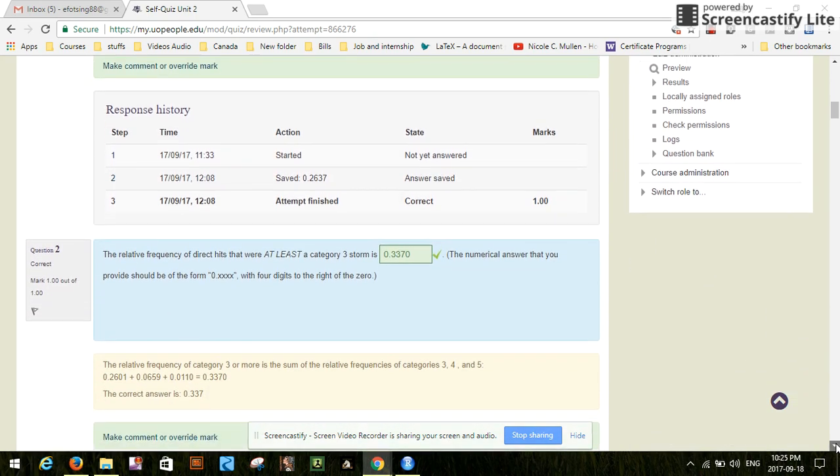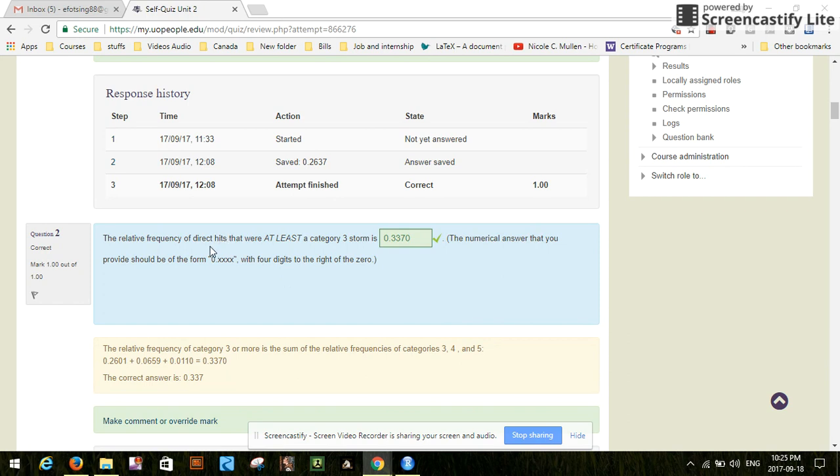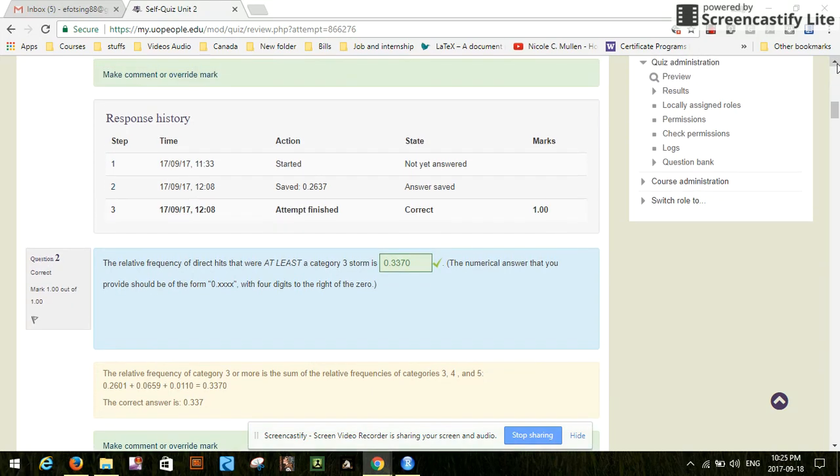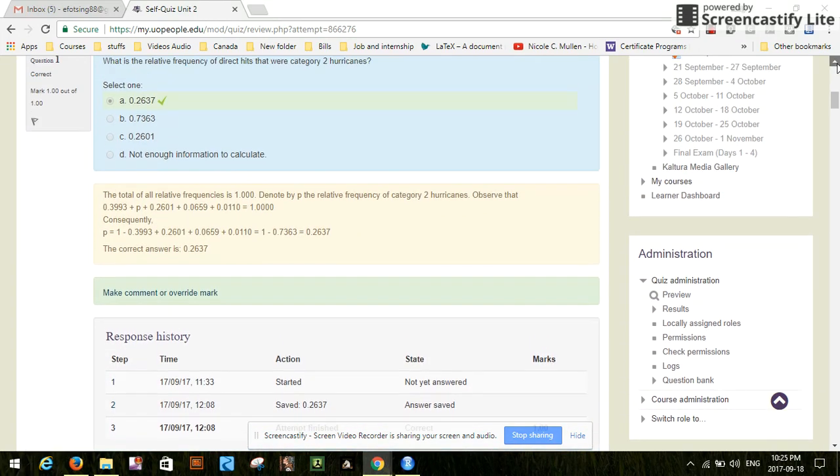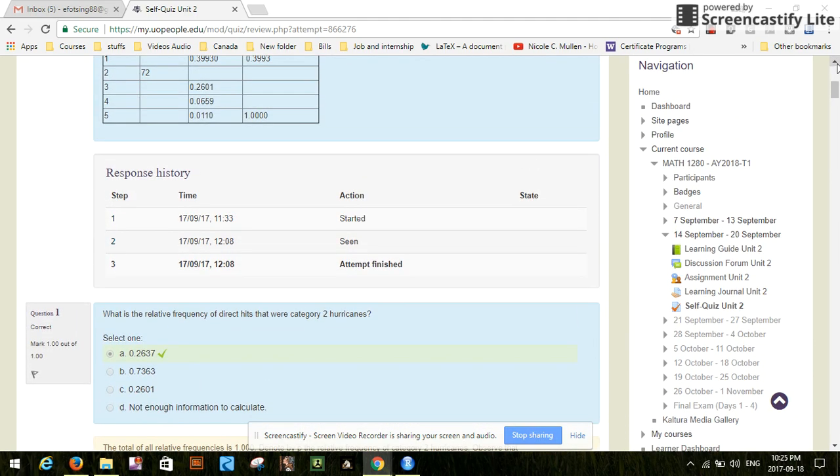Now the second question is the relative frequency of direct hits that were at least a category 3 storm. When we say at least, it means you are going 3 or more in categories, so it could be 3, 4 or 5. We know the relative frequency for category 3, for category 4, and for category 5.